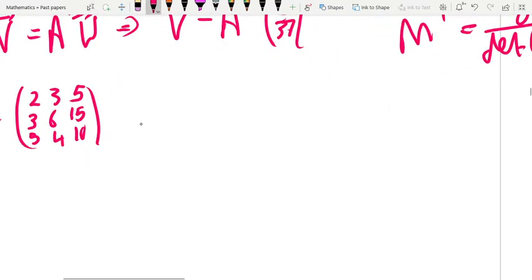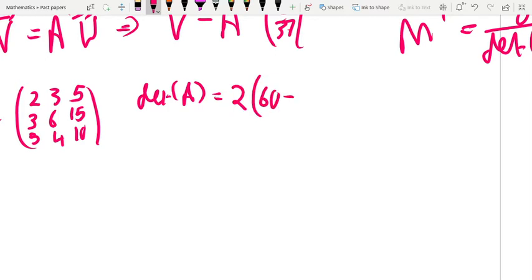The determinant of A is going to be equal to, we can pick any row or column, and I'm just going to pick this one here for no reason. 2 times 60 minus 15 times 4, which is 60. Nice, that's 0. I very much like that.